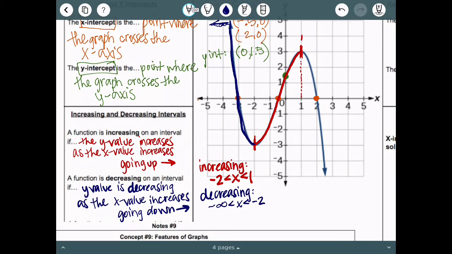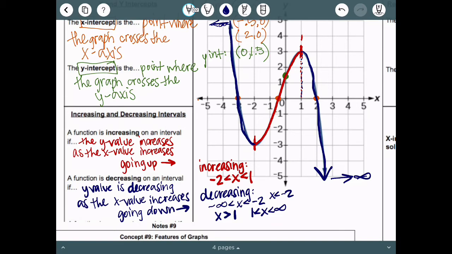You could also just have written this as x is less than -2 if you are someone who appreciates doing it that way. This is not the only place where we decrease. We also decrease on this side of the graph. So we start decreasing again at 1, which we would write as 1 is less than x is less than positive infinity, because we are headed in that positive infinity direction.